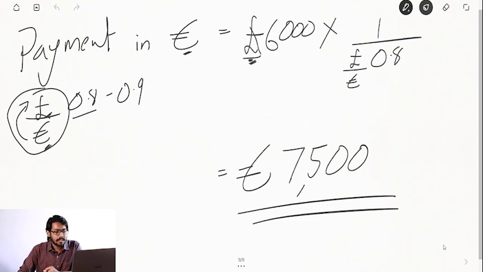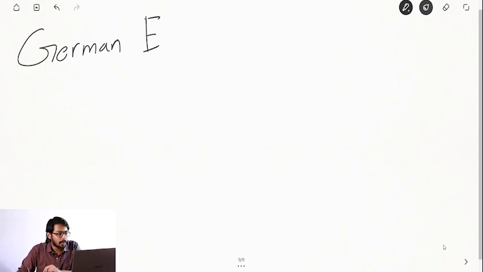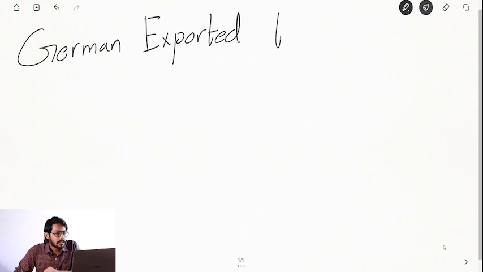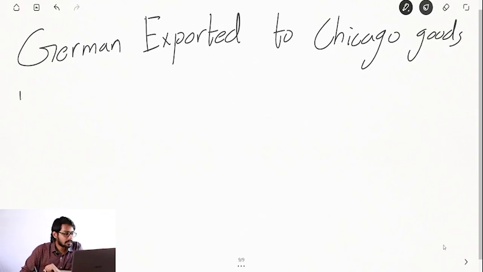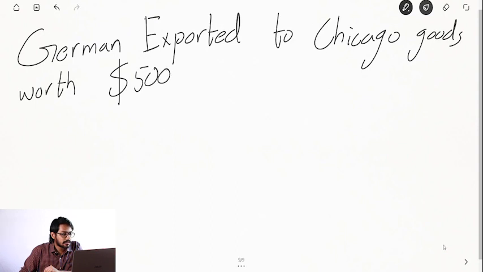Shall we try one more question? We'll try many more questions. A German exporter exported to Chicago goods worth $50,000. Where is Chicago? Chicago is in the US.